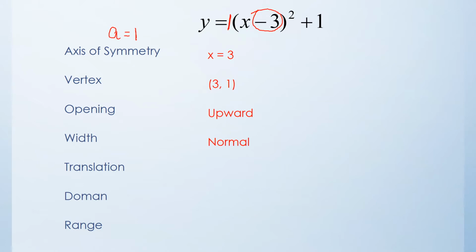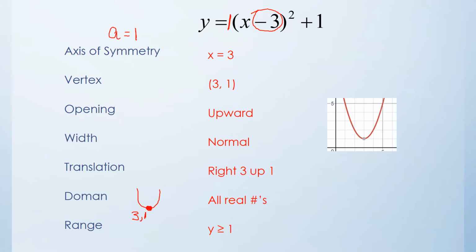How is this translated? So remember what we did before. What's inside the parenthesis does the opposite. So that means it's going to move 3 to the right and up 1. The domain for all quadratics is negative infinity to infinity. And then remember, because it's opening upward, meaning that it looks sort of like this, this y value, which is 1, is going to be a minimum value, so the range is going to be all numbers greater than or equal to 1.